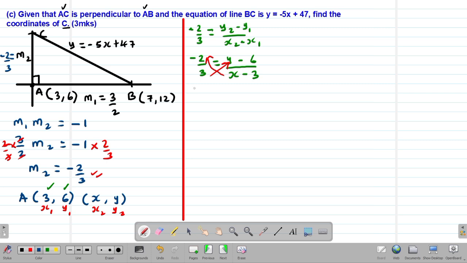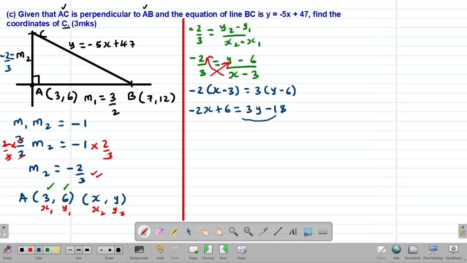So we're going to end up with -2 into bracket x minus 3 being equal to +3 into y minus 6. So if I open brackets, I'm going to end up with -2x. Then -2 by -3, I'll get a +6 being equal to 3y minus 18.